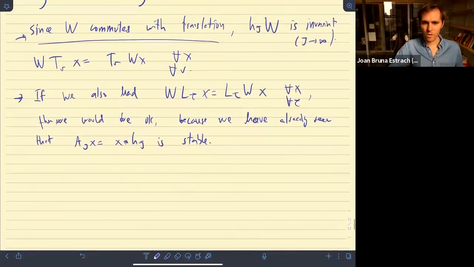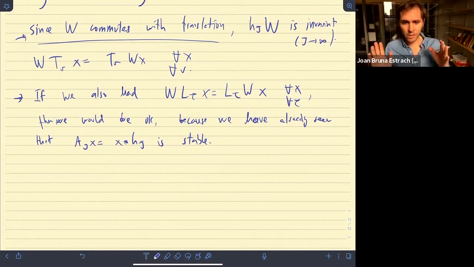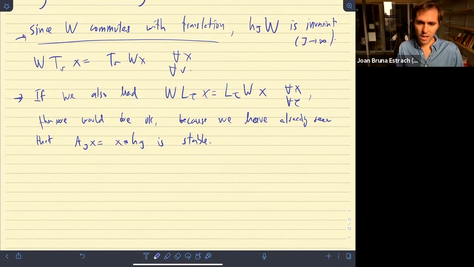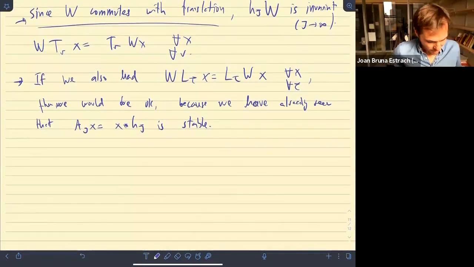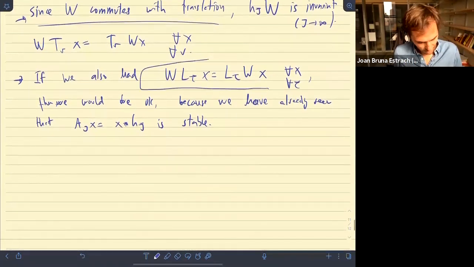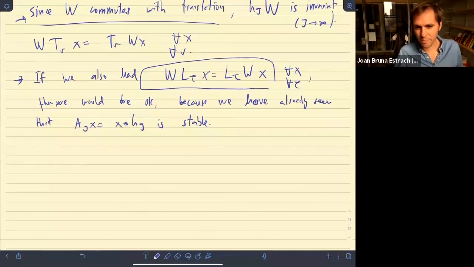Just to continue with the story: if I compose an operator that commutes with some transformation with an operator that is stable, the composition is stable. But this is not something that we can have in general, just because the group of diffeomorphisms is too big.